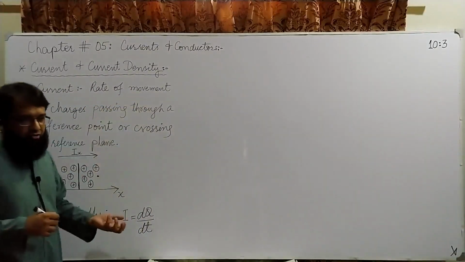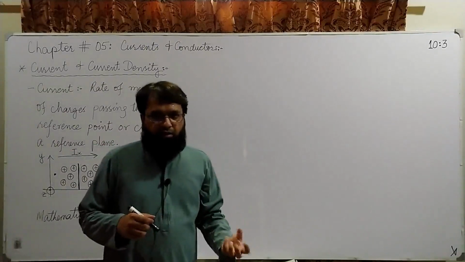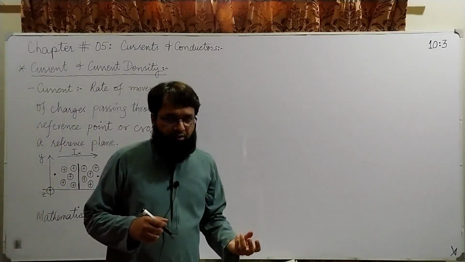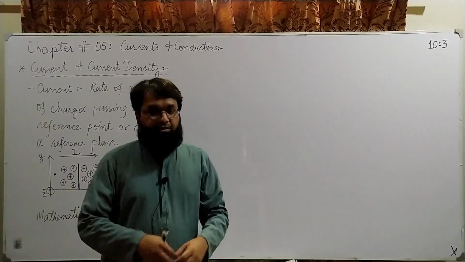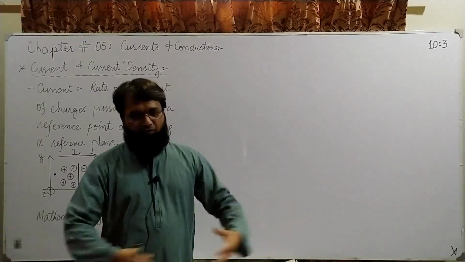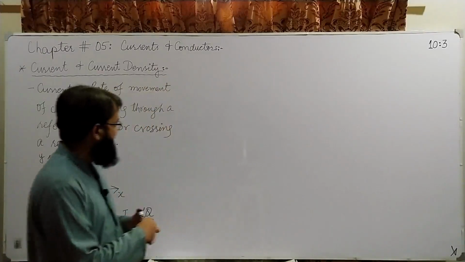A random change in the amount of charge also constitutes current. It is not really necessary for charges to physically move from one point to another in order to constitute current.